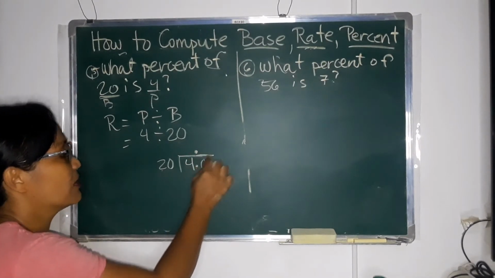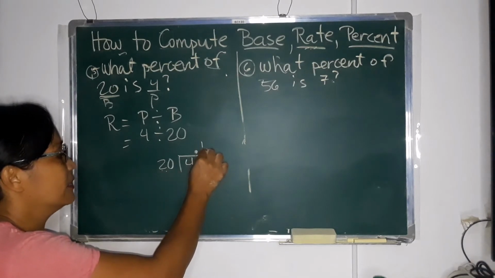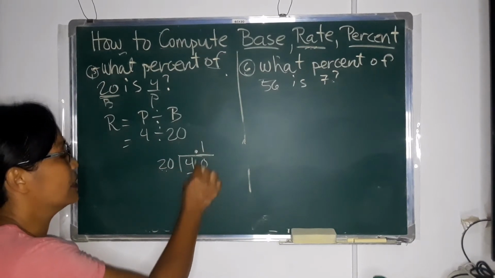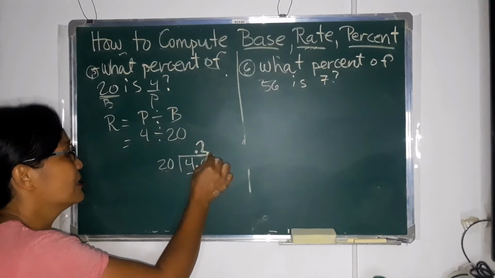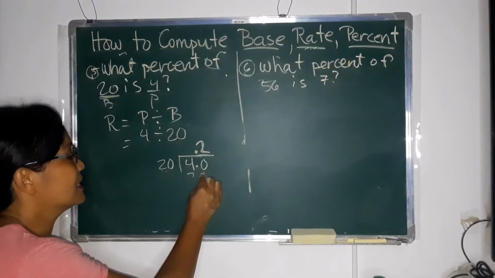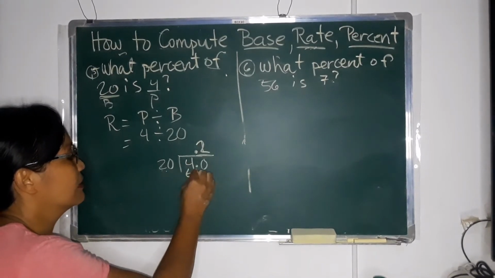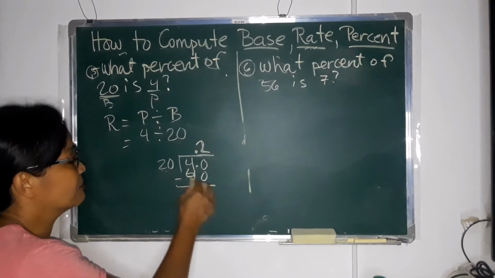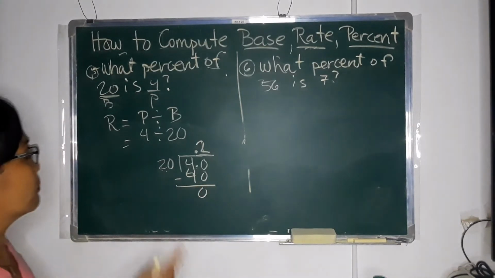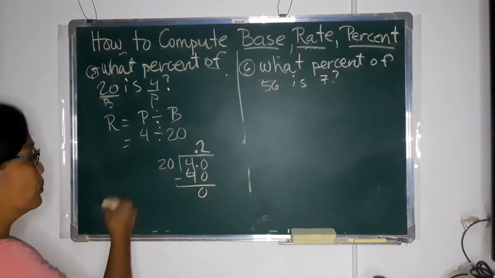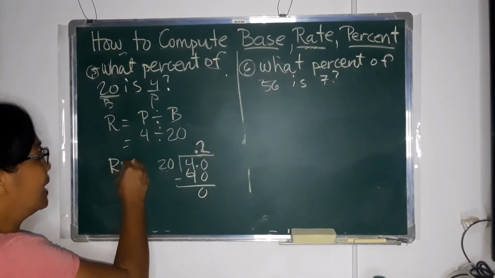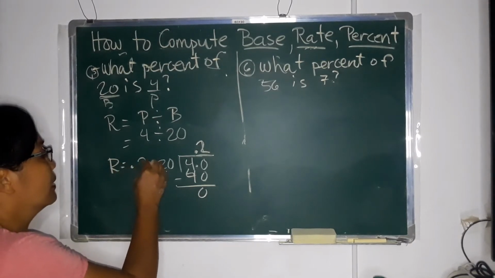So, 0. 40 divided by 20 ay 2. 2 times 20 is 40. 2 times 2, 4. So, we have 40, subtract 0 na siya. So, kung napapansin nyo, 0.2. Therefore, ang ating R ay 0.2.